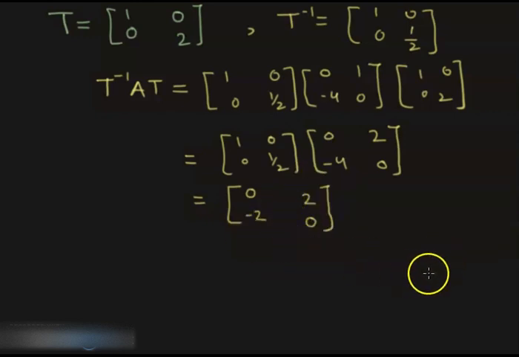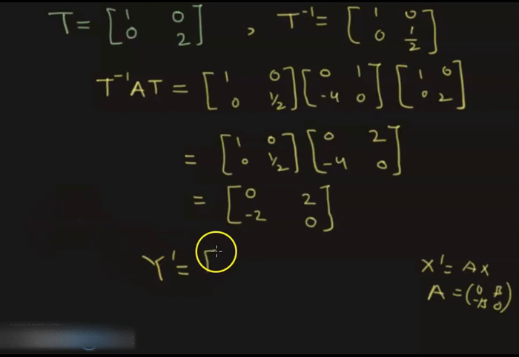We had considered this case of x prime equal to Ax, where A was 0 beta, minus beta 0, when A had purely imaginary eigenvalues. So our system has been transformed into y prime equal to 0 2, minus 2 0 times y, and this has purely imaginary eigenvalues and is in canonical form.